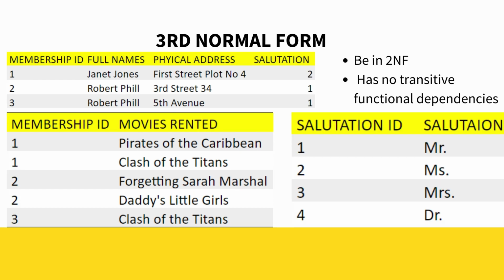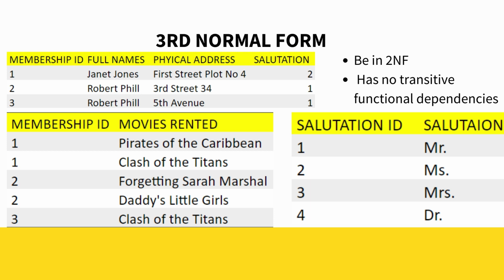Third normal form. The table has to be in second normal form and have no transitive functional dependency. Transitive functional dependency is when you have a column that is functionally dependent on a column that is not the primary key. To move our second normal form table into third normal form, we again need to divide our table.